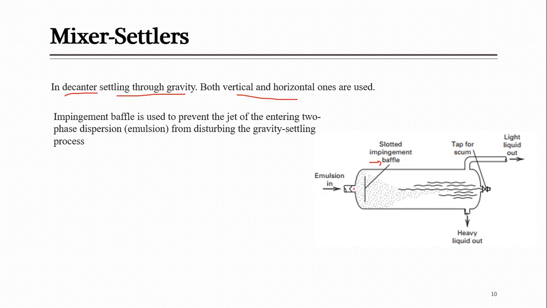New emulsion enters from here, and that will come directly in contact with what was settling here, so that will be pushing it. In order to avoid that push, we place this baffle. It avoids direct contact of the somewhat settled material with the unsettled material coming inside this vessel. So this is used to avoid disturbing the gravity settling process.